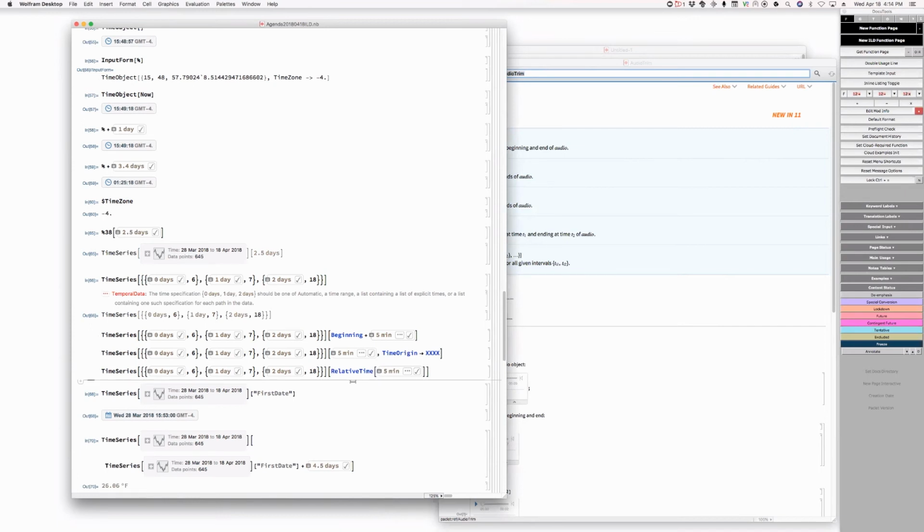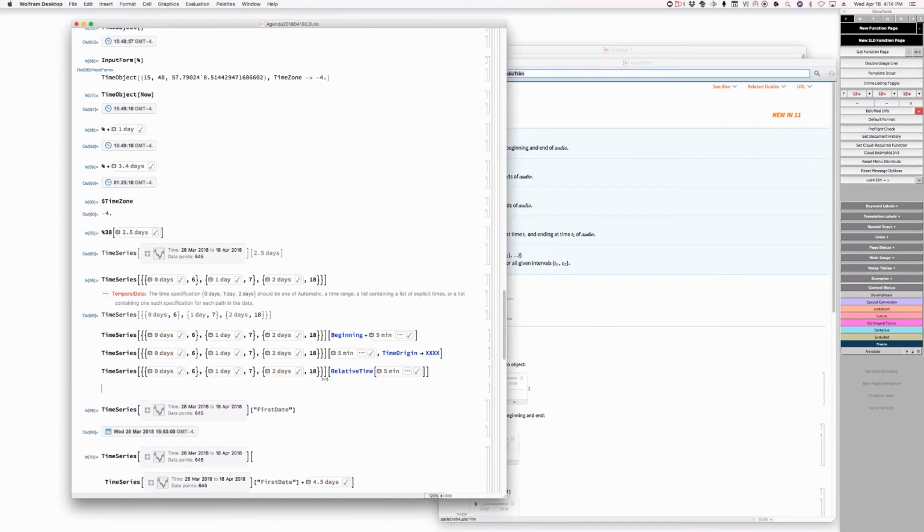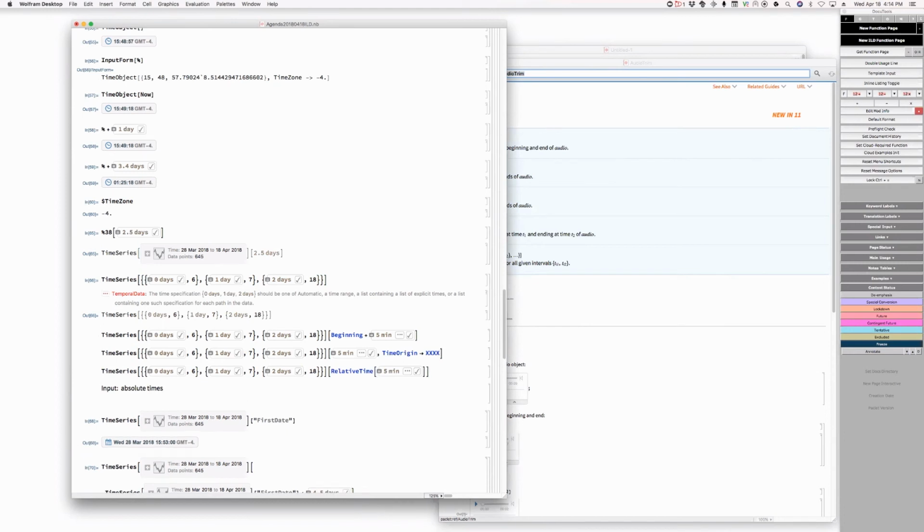It's a little bit cruddy, but the question is, in the time series, there are two things. The input for the time series is either absolute times, and I don't mean absolute times in our sense of crazy integers and things, but physical times, so to speak. Yeah, date objects. Right. Or the input is purely relative times.